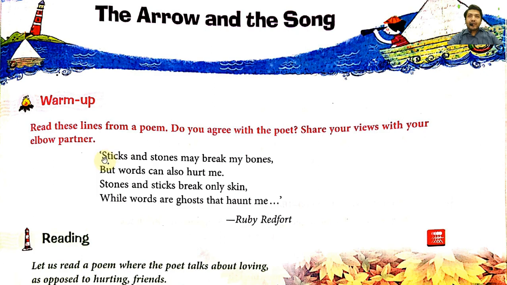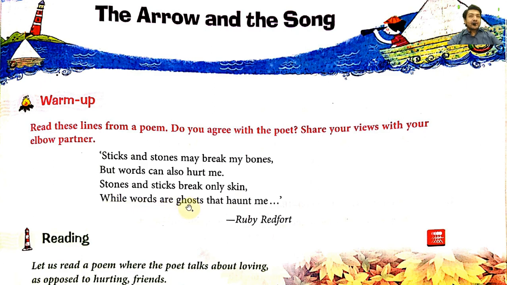"Sticks and stones may break my bones." Its rhyming scheme is A, last word bones, so keep that sound in mind. "But words can also hurt me" doesn't match, B. A and B. "Stones and sticks break only skin" doesn't match. A B C.